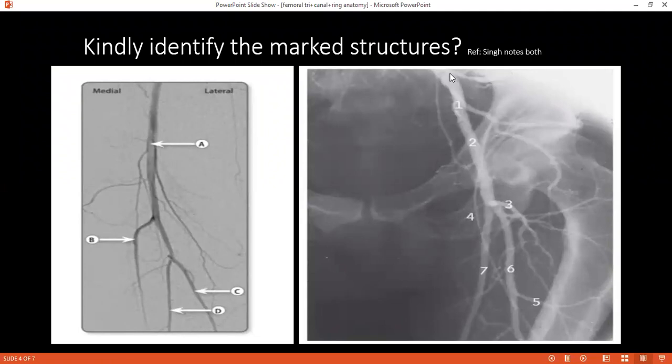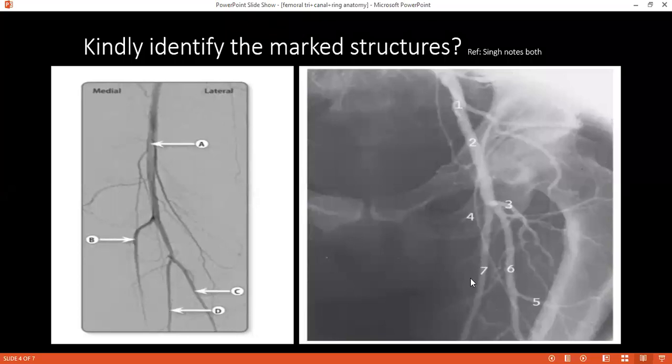Okay, can you identify on the right-hand side image? What kind of image is this? It is the contrast image of the lower limb arteries. And what are you looking at? If you can identify what is 1, what is 2, please.